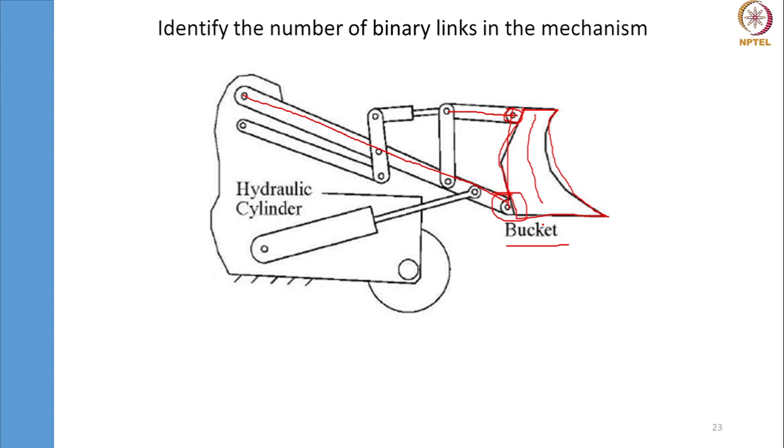Okay, sir. So you mean what it is about is the relative motion? You said that is an end actuator. That means there is no relative motion between the two elements. With respect to this link, link number one, and the end actuator, there is relative motion.